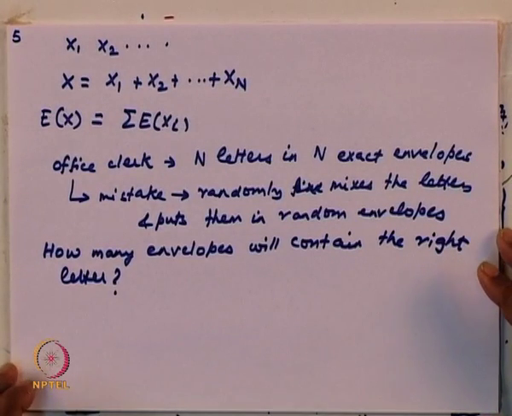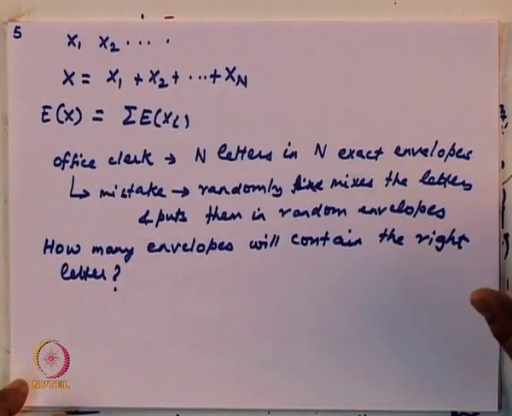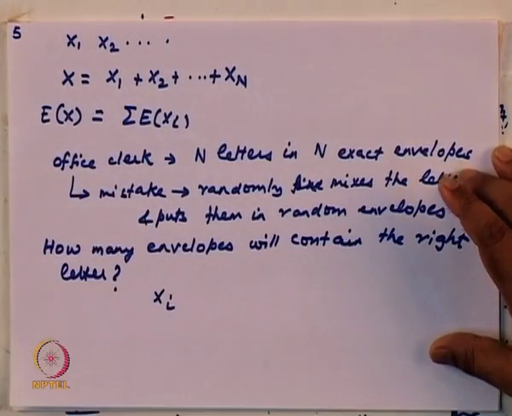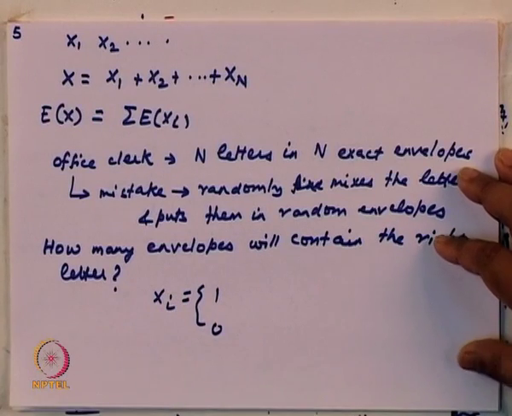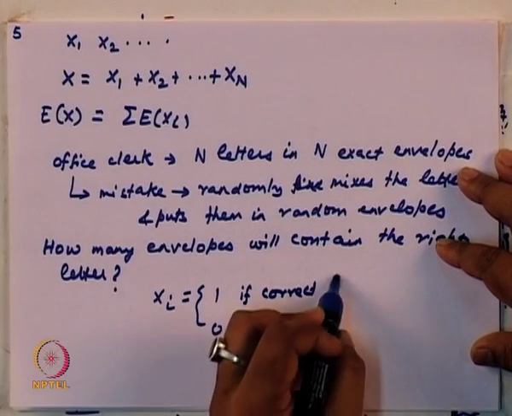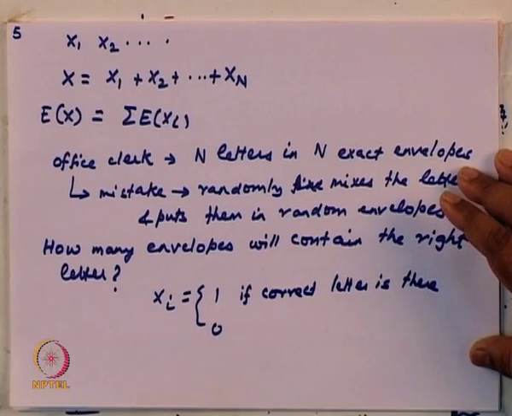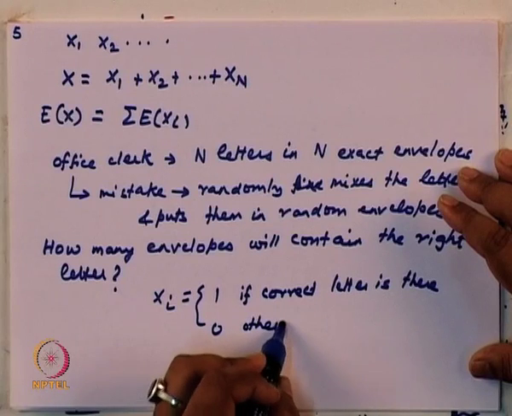So, how do we do it? You have n letters to be put in n exact envelopes. Let us define xi as a random variable which can take two values, 1 if the correct letter is there, and 0 otherwise.